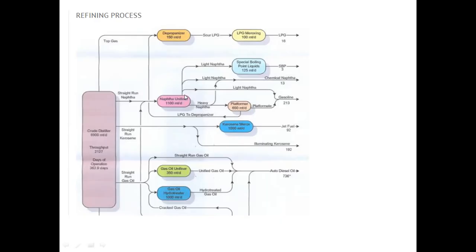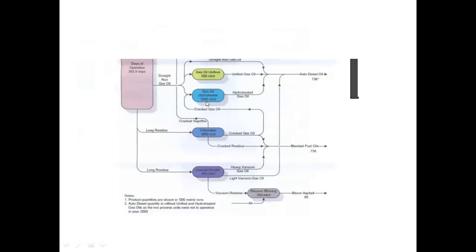Then they are sent through the platforming process to improve the octane number. Then gasoline is taken, it is processed further, and petrol can be taken. So in our country we use the platforming method, but in some countries processes which use lead are used to improve the octane number.